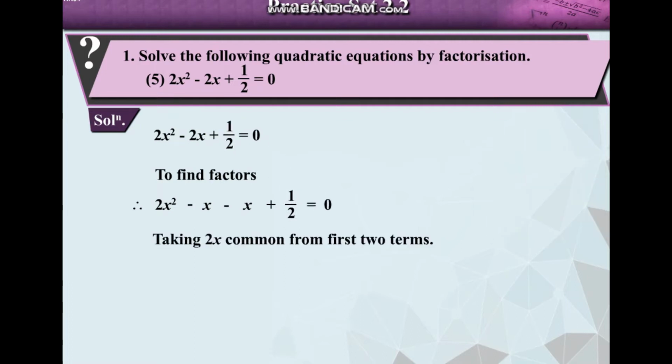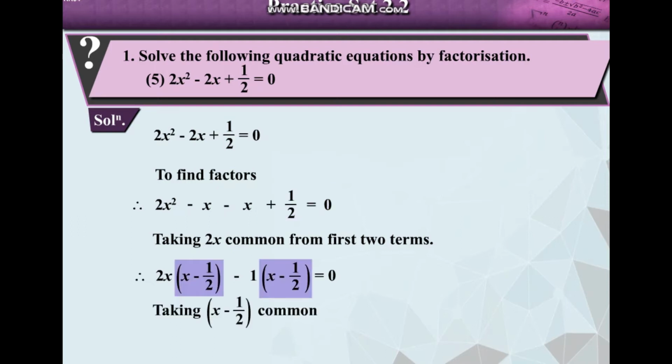Taking 2x common from the first two terms, therefore, 2x multiplied by (x minus 1 upon 2) minus 1 multiplied by (x minus 1 upon 2) is equal to 0. Taking (x minus 1 upon 2) common, (x minus 1 upon 2) multiplied by (2x minus 1) is equal to 0.